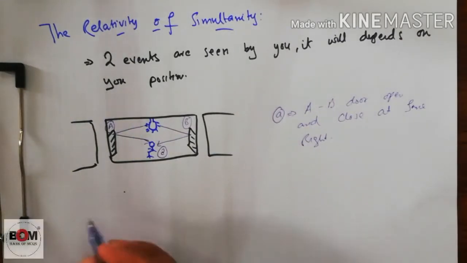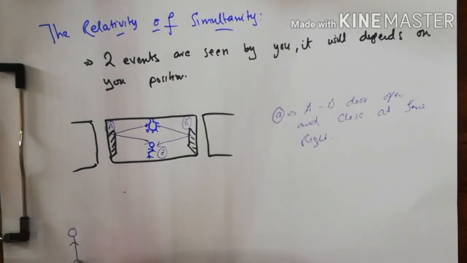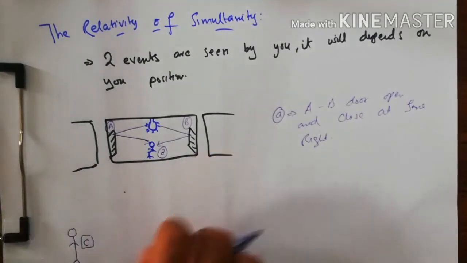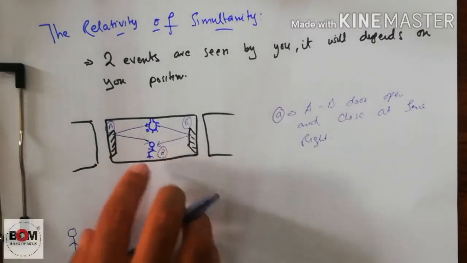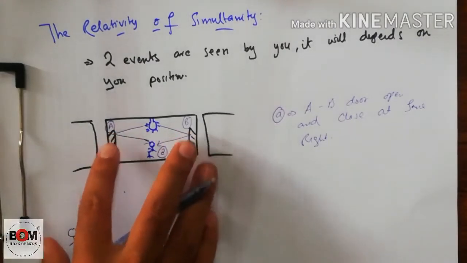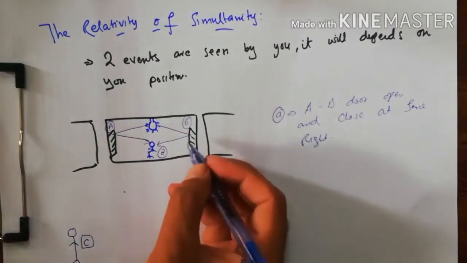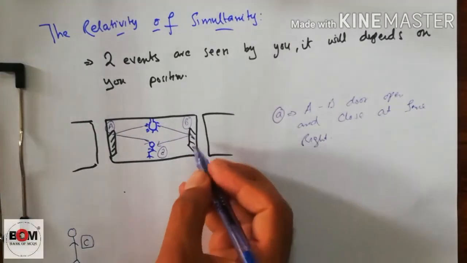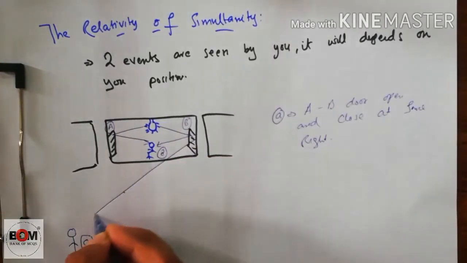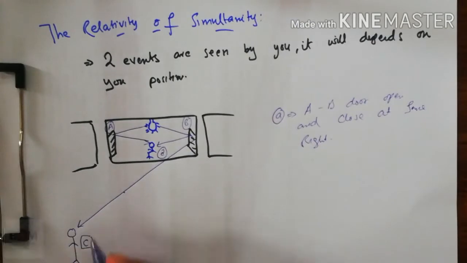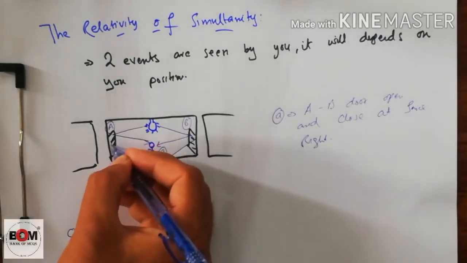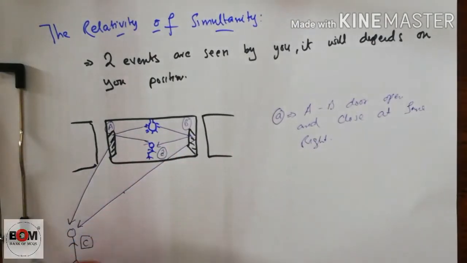In the second case, you are standing in position C and the train passes in front of you while at the same time the doors open and close. If this door opens and closes, the light will come to you, and if this other door opens and closes, the light will also come to you.